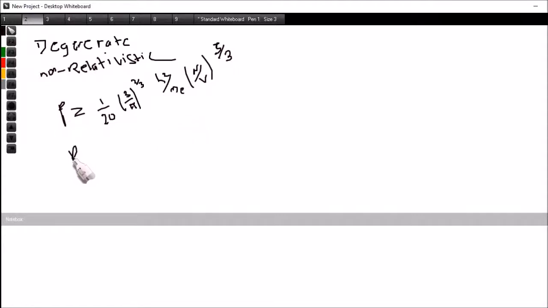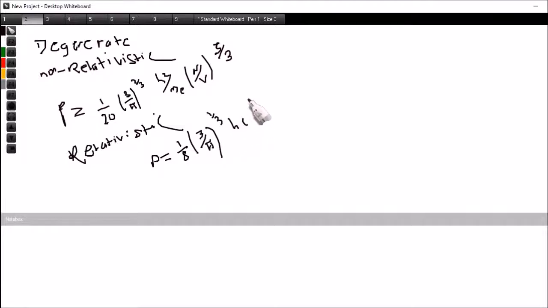And in the relativistic case, my pressure is given as 1/8, 3/pi, 1/3, h c, and again n/b, to the power 4/3. What can we write in place of n/b?